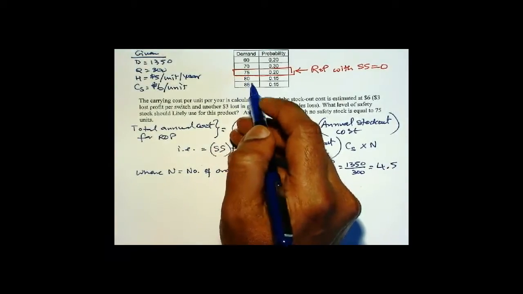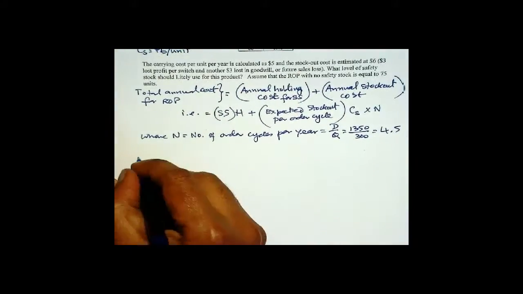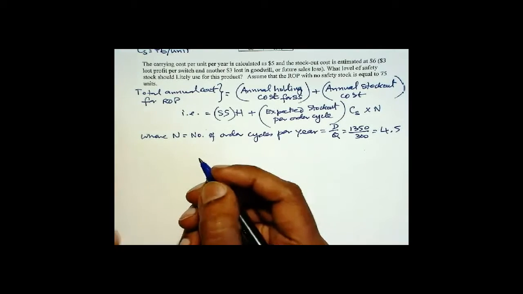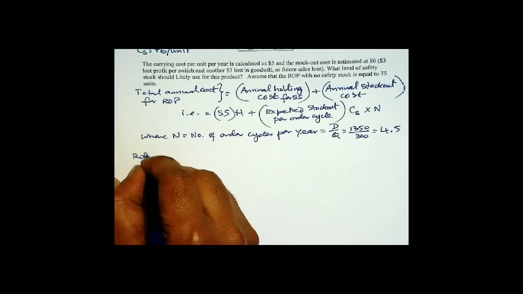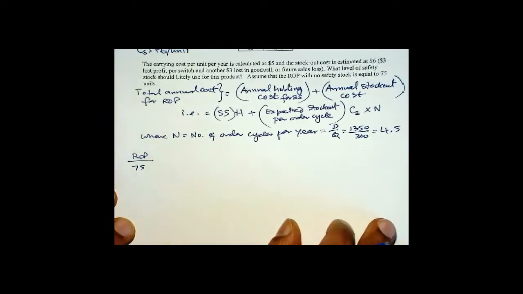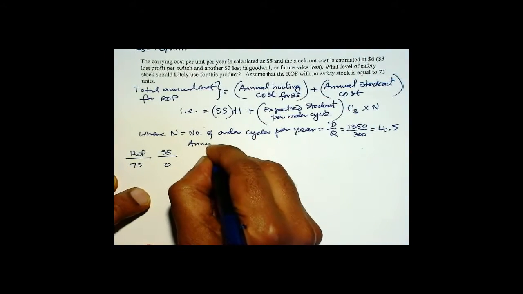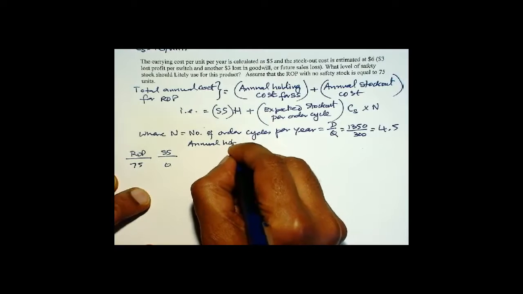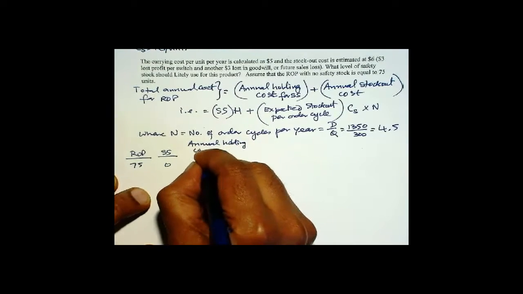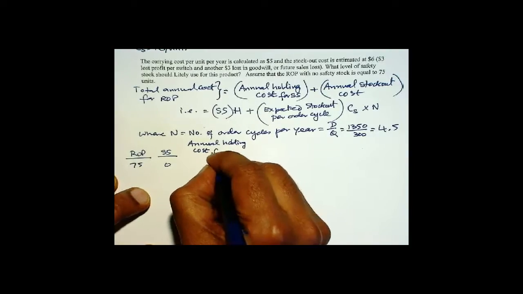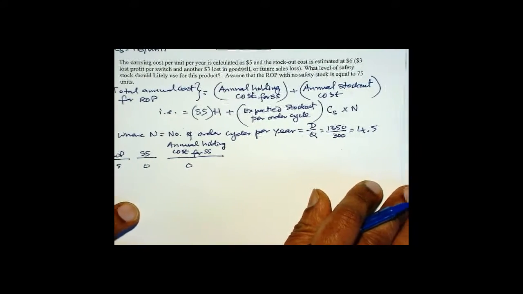So let's start with ROP equal to 75. Now with an ROP of 75, the safety stock is 0. So our annual holding cost for safety stock is also 0.